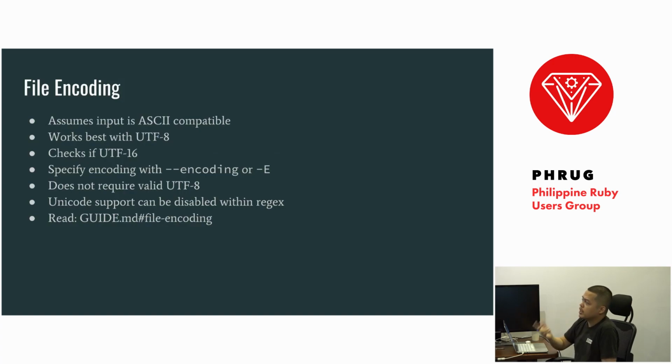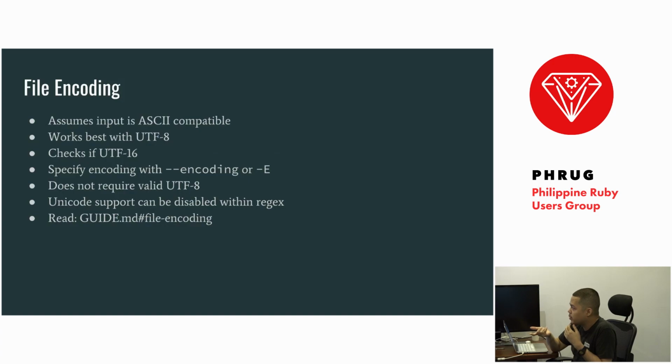It assumes that the input files are ASCII compatible. So it checks the byte and compares it to the ASCII code point, even though the byte may not necessarily be ASCII and it might have a custom encoding. ripgrep doesn't distinguish that, it just compares the code point to the byte.